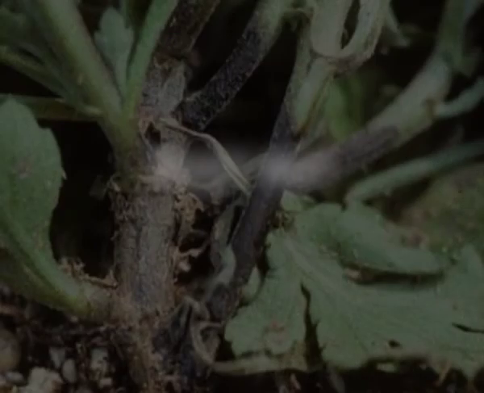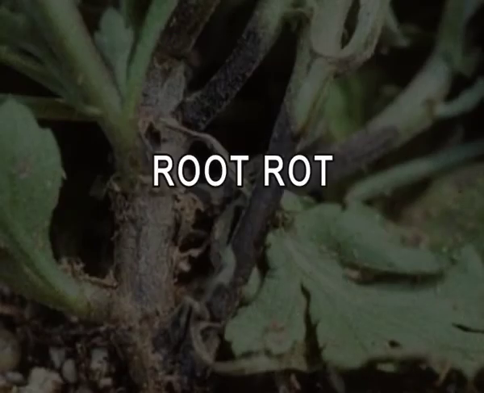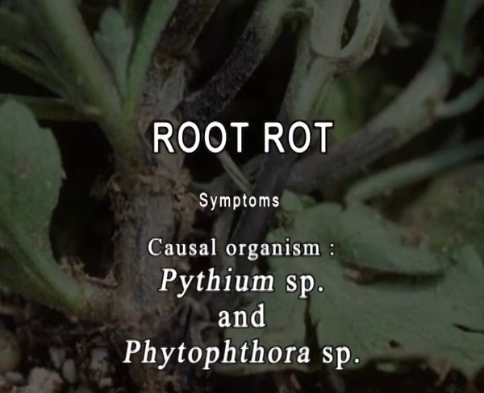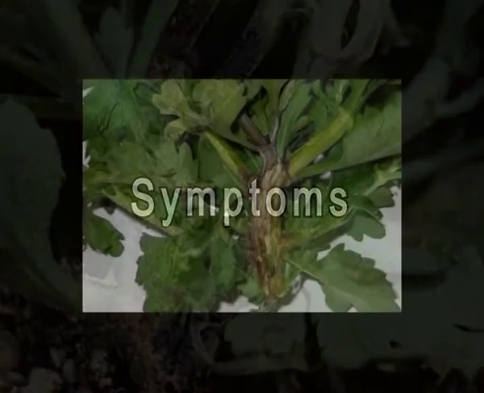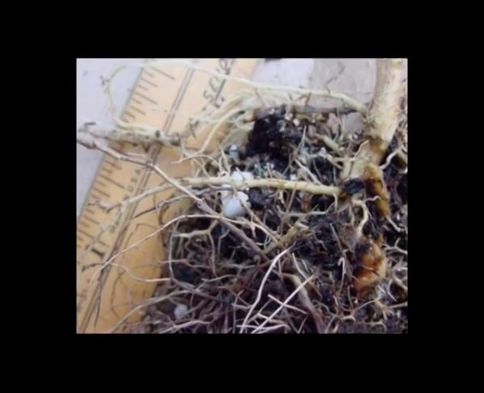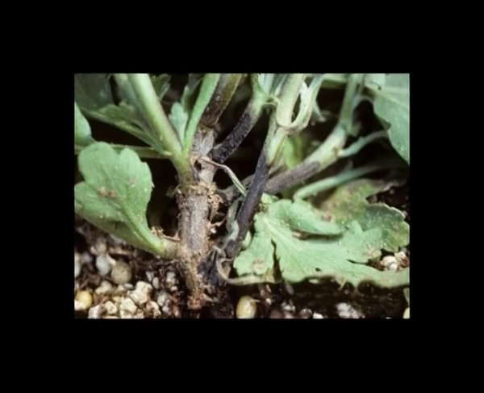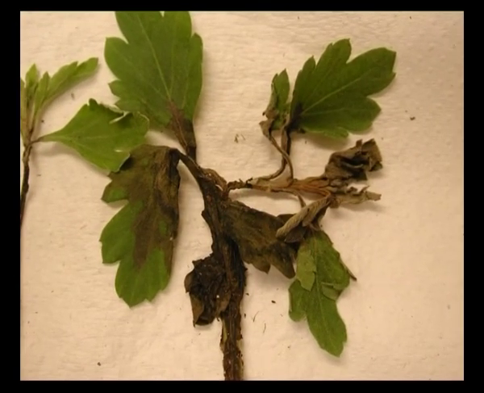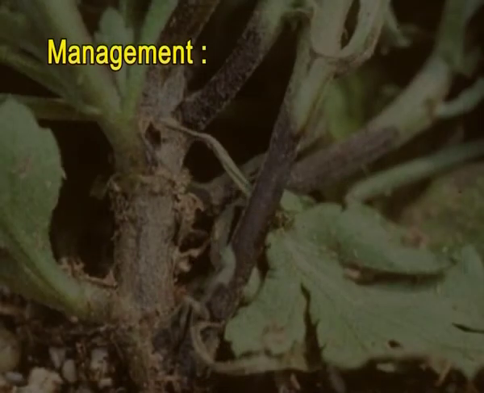Let's see the next disease, that is the root rot. It is caused by Pythium species and Phytophthora species. Symptoms of the disease: infected plant debris, root, stems or the leaves show sudden wilting. Now let's see how to manage this disease.